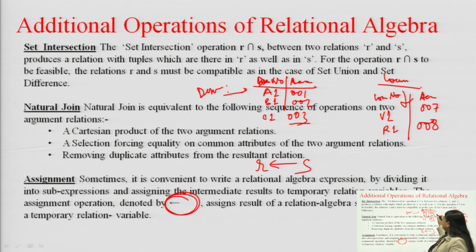If I only want to find the account numbers of all the depositors in the bank, I am going to use the project operation. Now, if I want to combine both the tables, union operation is not possible, because this degree and this degree are different.